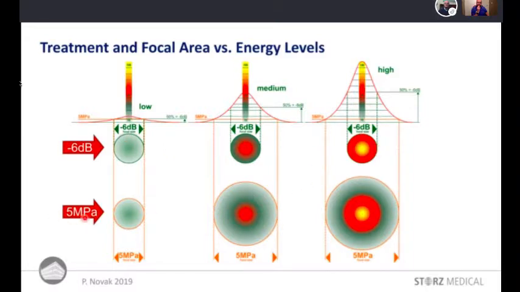Compared to it, with this absolute value of 5 megapascal, you can see that with increasing intensity, of course, because it's an absolute measure, the area increases. So when you are increasing the intensity, your focal area remains the same, but the area where you might expect biological effects is becoming larger and larger.